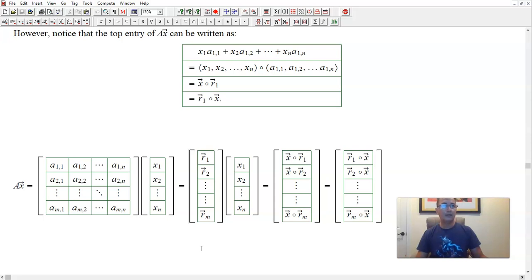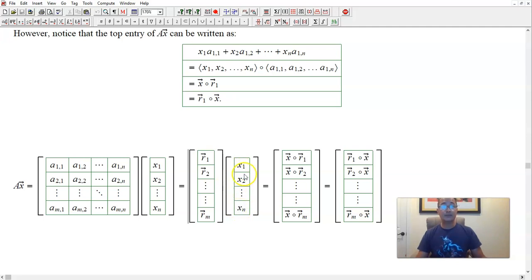So obviously, this idea works on any row. Here's our original matrix A multiplied by x. We can think of A as partitioned into row 1, row 2, through row m, and then we multiply that by x1 to xn.